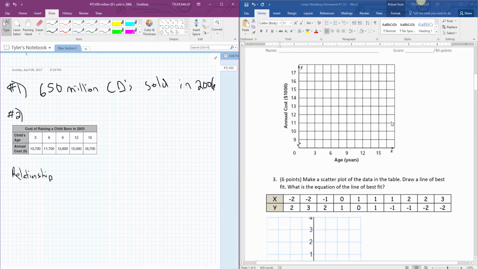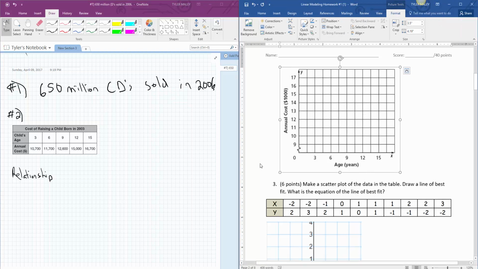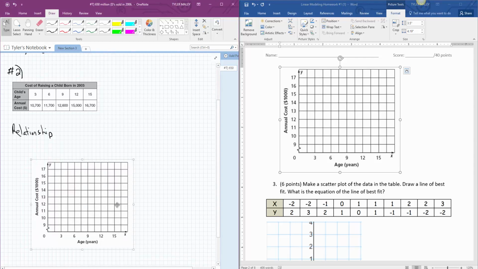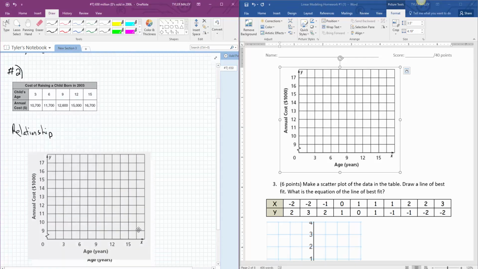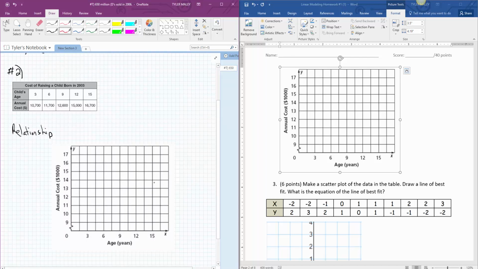Here on the next page I gave you an item that you can use, and I can't draw on the Microsoft Word, so I'm just going to paste the image over here so that way I can draw the points for you guys. I'll use red ink to plot the points. So one point we have is 3, and notice along the y-axis, my units are in the thousands. So we have 3, and then we would want to plot 10.7, so maybe around here.